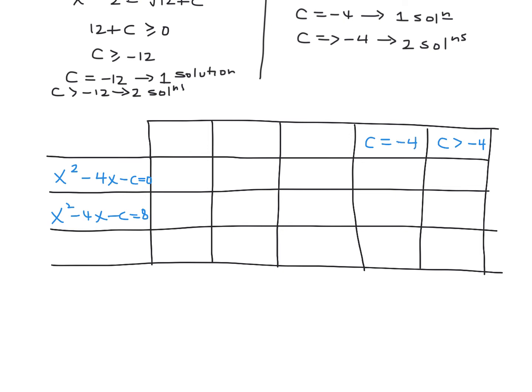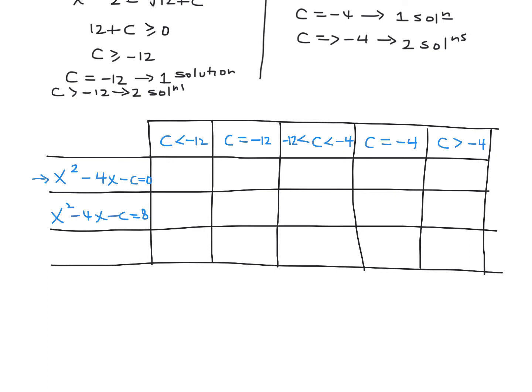And then here we had c equal to minus 12. And then the range before it would be less than minus 12. And then this range would be between minus 12 and minus 4. Okay, perfect.